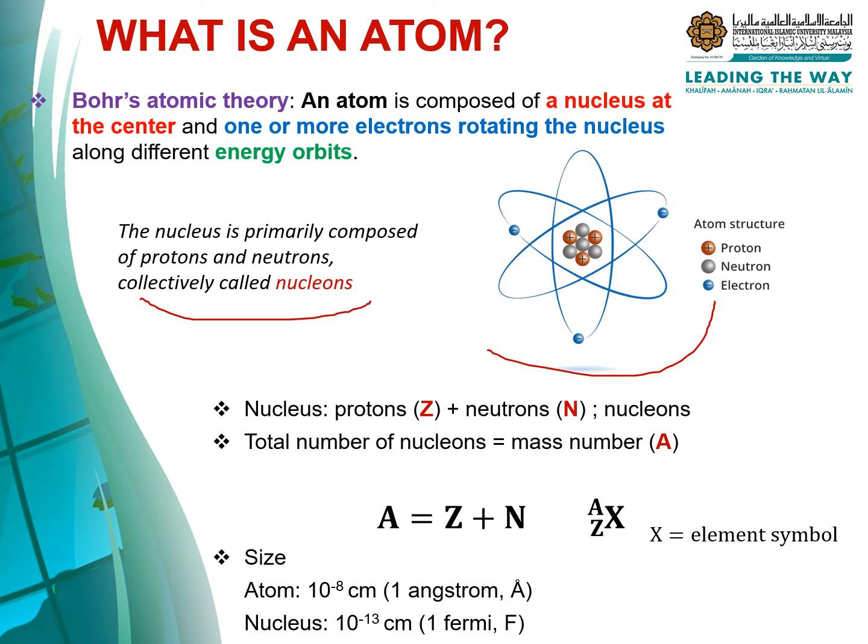The size of an atom is of the order of 10 to the power of minus 10 meters, which we call 1 Angstrom, and that of the nucleus is of the order of 10 to the power of minus 15 meters, which we call 1 Fermi.